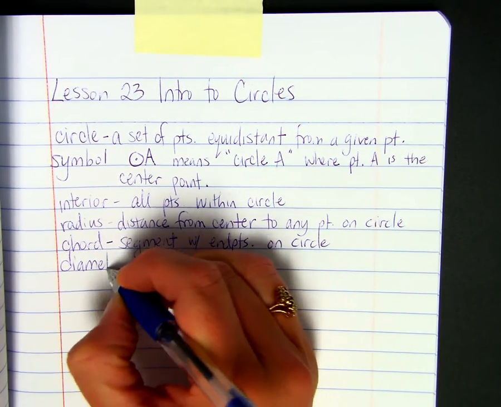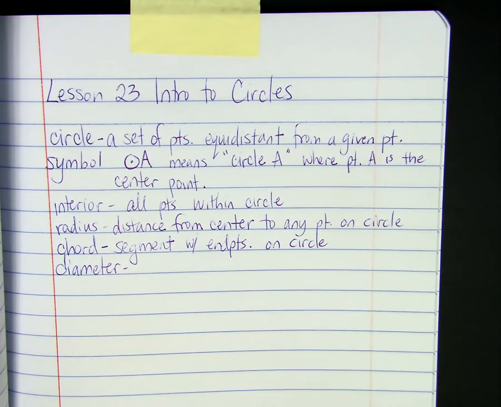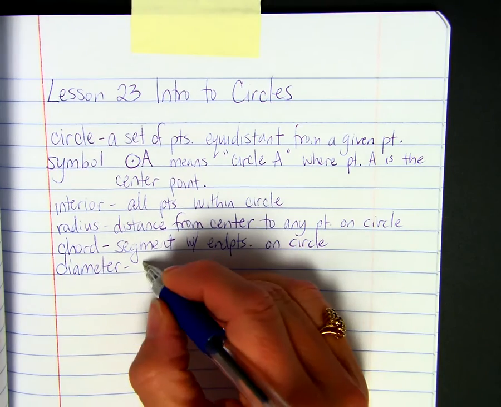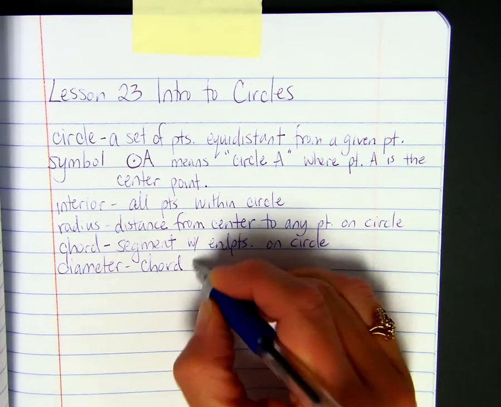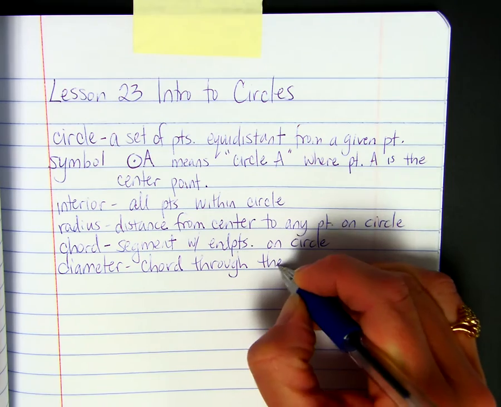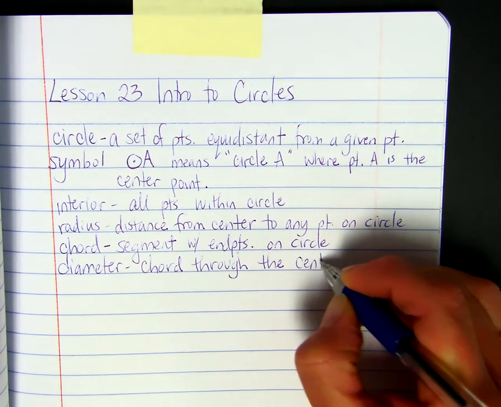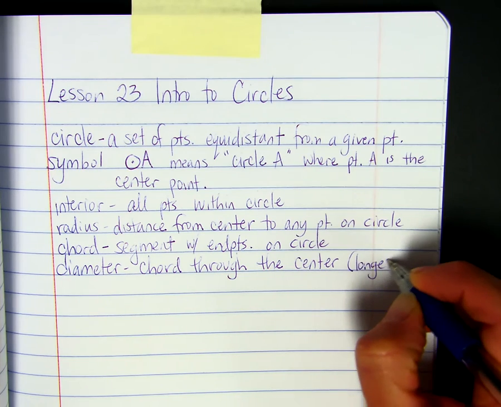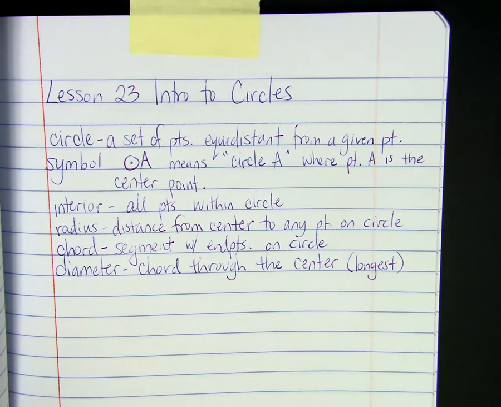The diameter is a special chord that just goes through the center point. And one thing about the diameter is that it is the longest chord in the circle.